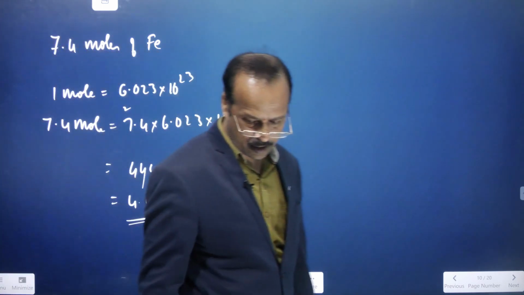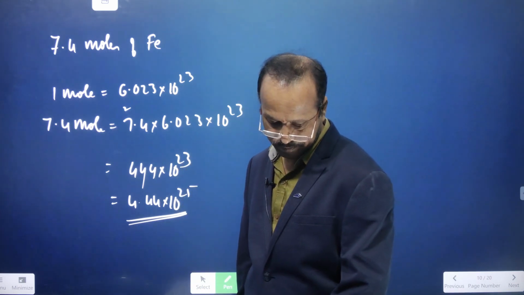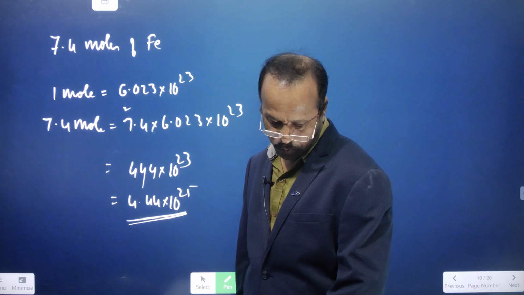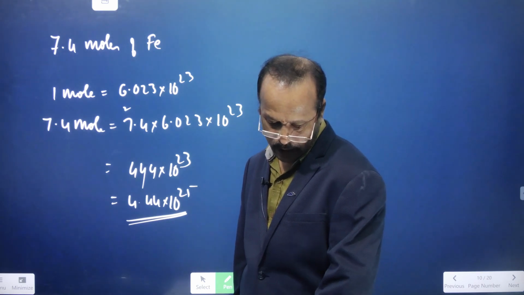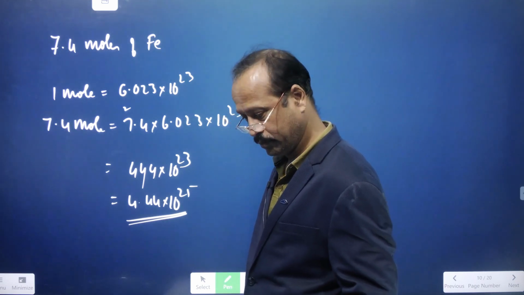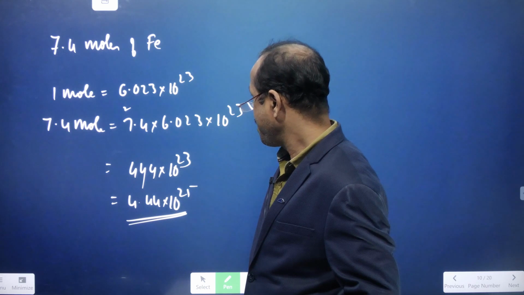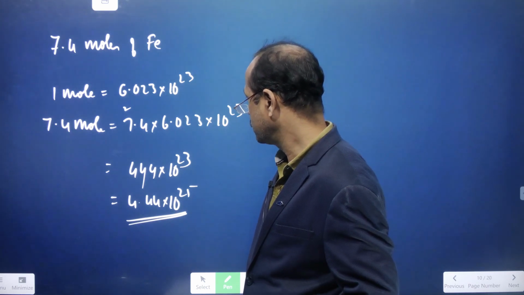So what are the options there? 44.4 into 10 to the power of 23, 22.2 into 10 to the power of 23, 44 into 10 to the power of 22. 7.4 moles, just have to multiply.